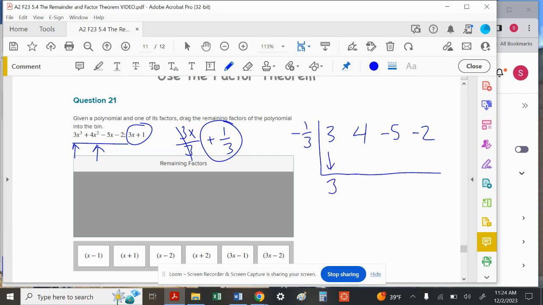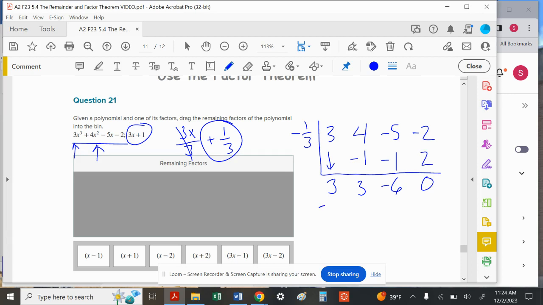That becomes a 3. 3 times negative 1/3 is negative 1. 4 minus 1 is 3. 3 times negative 1/3 is negative 1. Negative 5 plus negative 1 is negative 6. Negative 6 times negative 1/3 is positive 2, and that becomes a 0.